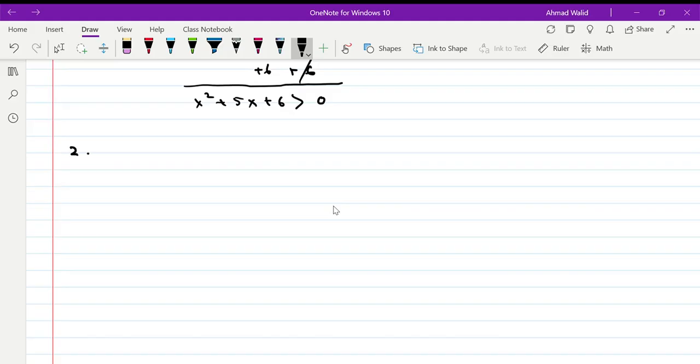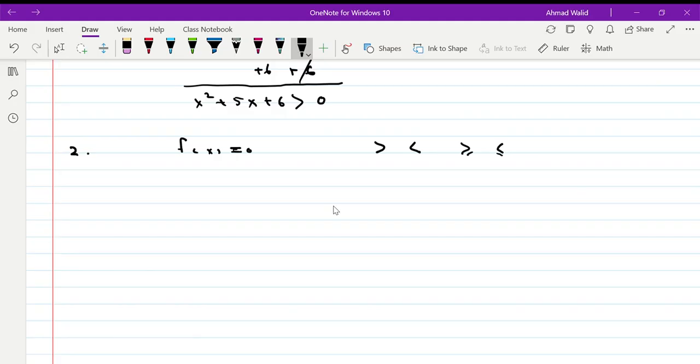Step number 2. In step number 2, write your inequality in this form: f of x equals 0. Instead of greater than, less than, greater than or equal to, less than or equal to, we change it back to the equal sign.